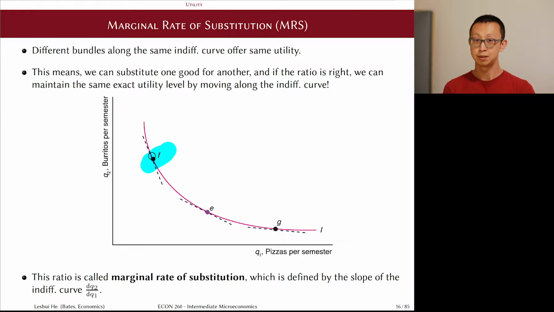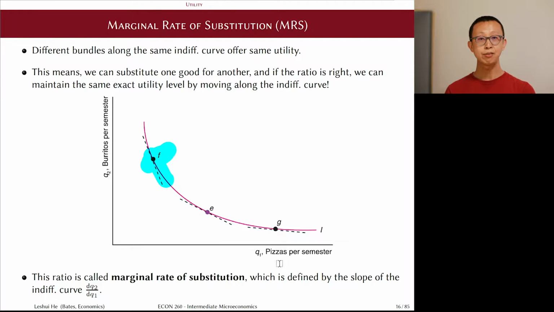But what does that mean? Well, it means we're effectively replacing burritos in this consumption bundle F by adding more pizzas. So by taking some burritos away from this consumer, while compensating them using pizzas, we can keep this consumer just indifferent.